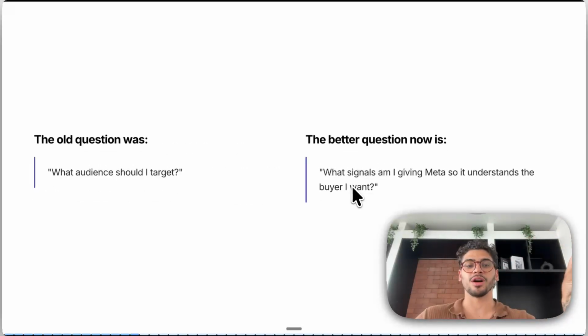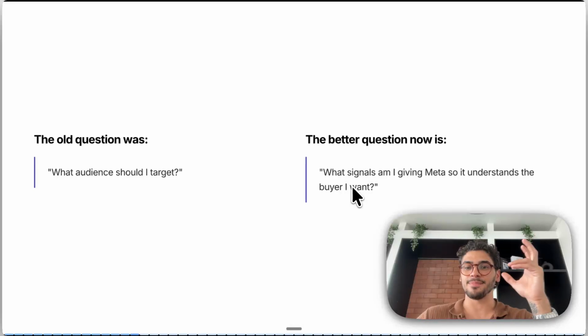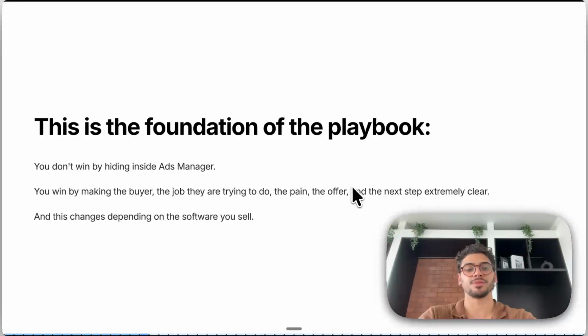The old question was, what audience should I target? The better question now is, what signals am I giving to Meta so it can understand the buyer that I want to acquire, okay? This is the foundation of the whole playbook here for B2B SaaS.